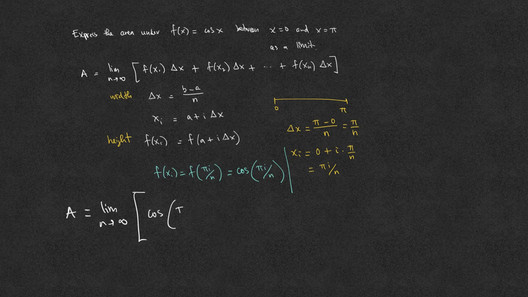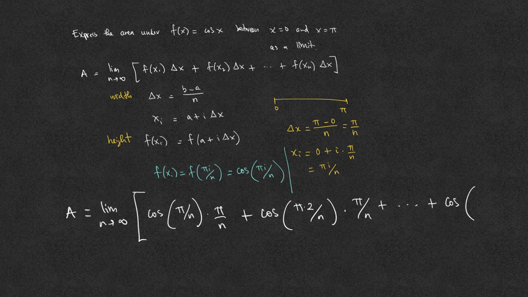This is cosine of pi over n, times delta x, but delta x is pi over n, plus the next term, cosine of pi times 2 over n, times delta x, still pi over n, plus ... plus cosine of pi n over n, the last term, x sub n is pi n over n, and then times pi over n.